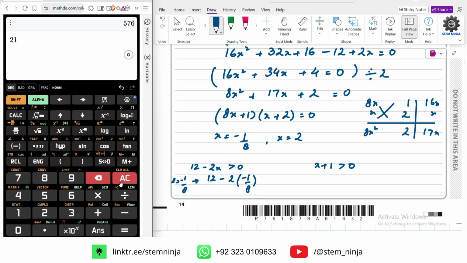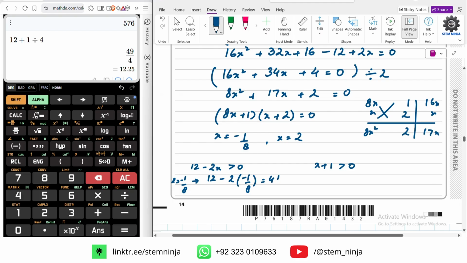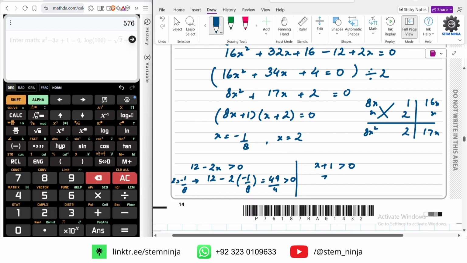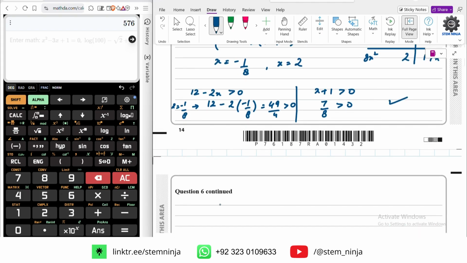So 12, minus minus becomes plus, and 2 times 1 over 8 becomes 1 over 4. This is 49 over 4, so definitely greater than 0. And if we choose the same one, 1 minus 1 over 8 would definitely be 7 over 8, which is greater than 0. So this answer is fine. Let's check the other one.